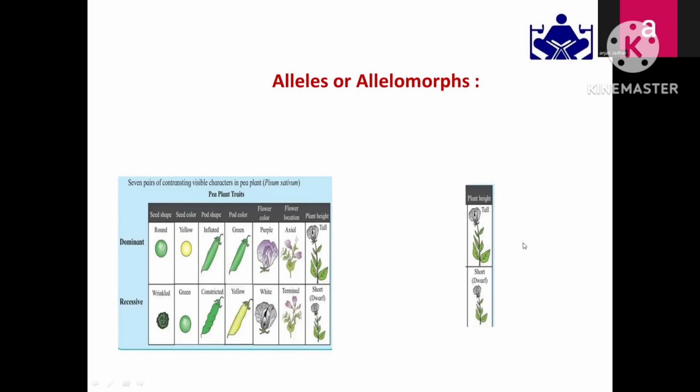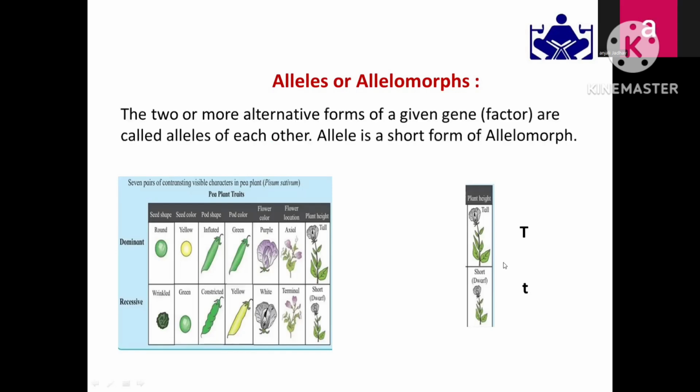Tallness is denoted by capital T and dwarfness by small t. So, these two are alternative forms of a gene for height of the pea plant, which are called alleles. Sometimes there can be more than 2 alternative forms of a gene. They are called multiple alleles.